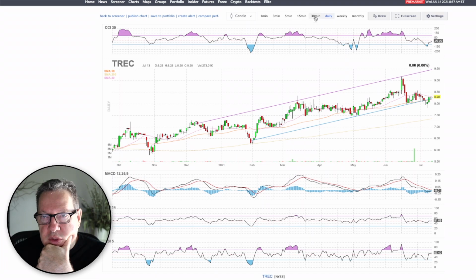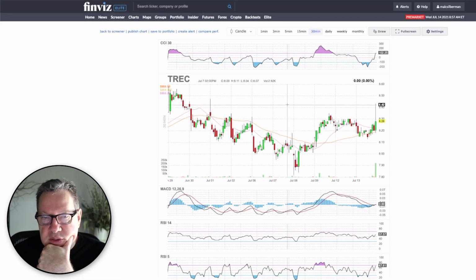We can also look at the 30 minutes, giving us a slightly more detailed view. And in fact, when you look on the 30-minute basis, you can see this seems to be at July the 13th at 3:30 p.m. it had a fairly good movement there.